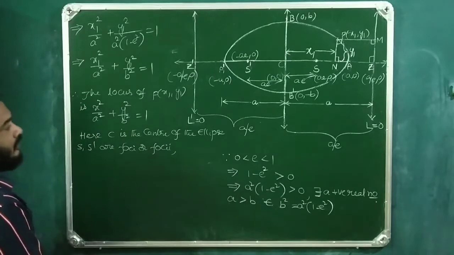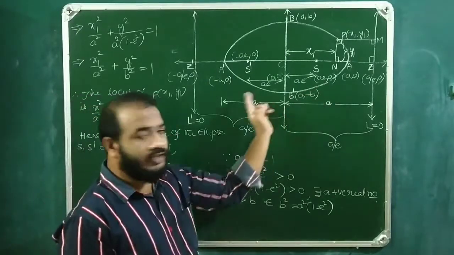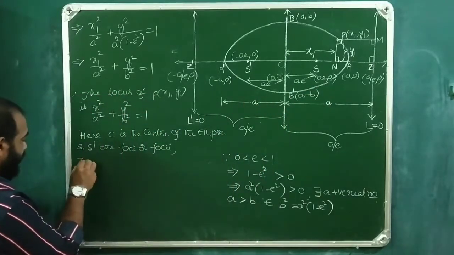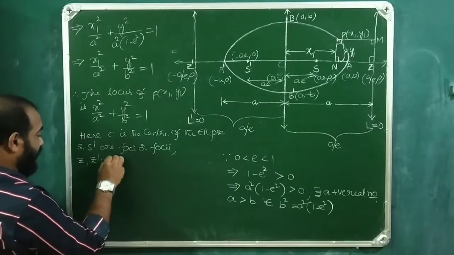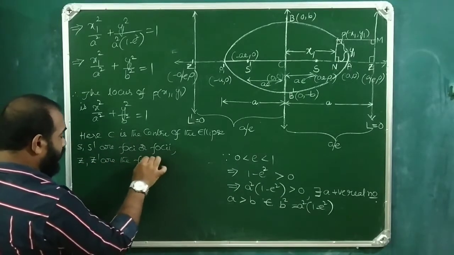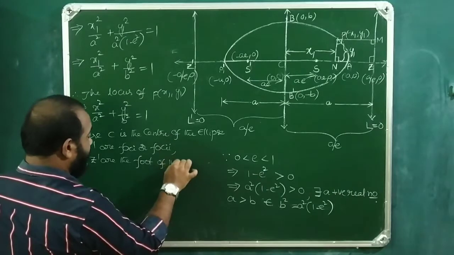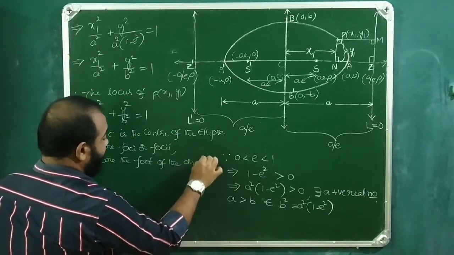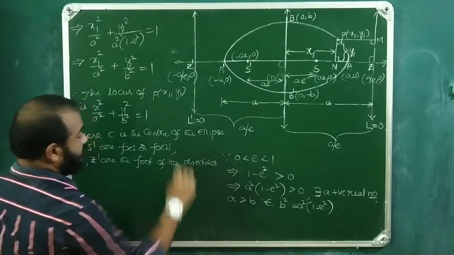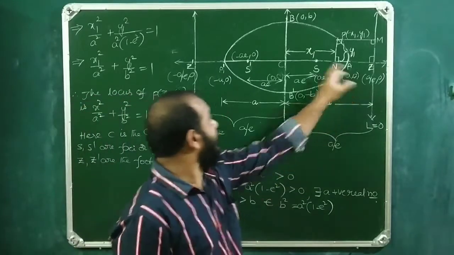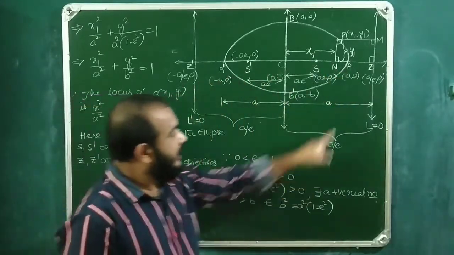Next, Z, Z dash are the feet of the directrices, and A, A dash, A is the vertex.